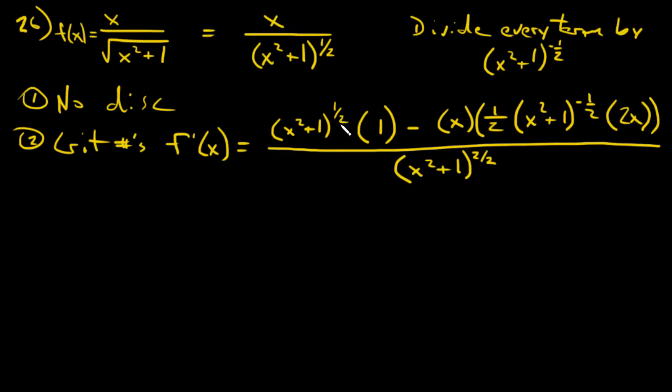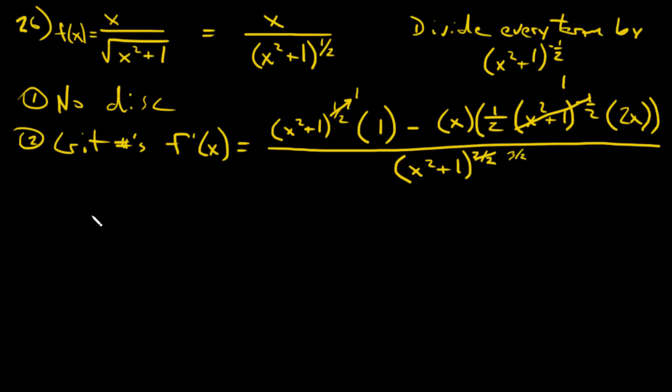If I do that, this exponent here is going to become a positive 1, because positive 1/2 minus negative 1/2 is 1/2 plus 1/2, which is a 1. But now on this side, when I divide by the exact same thing, the whole thing becomes 1. And down in the bottom, I'm going to add 1/2 to it again because I'm subtracting a negative, so this becomes to the 3/2 power.